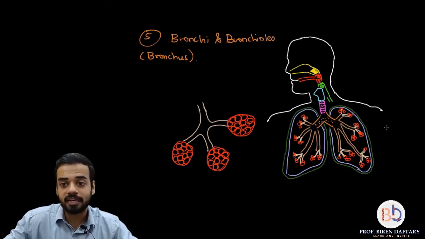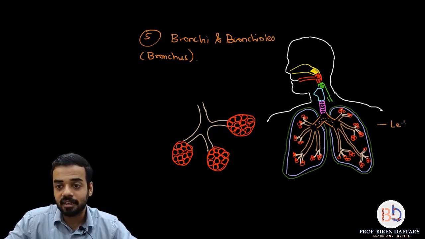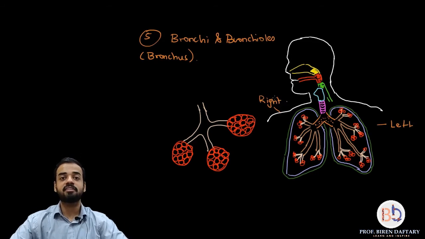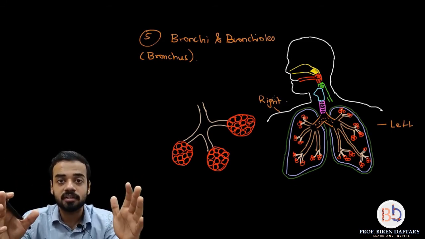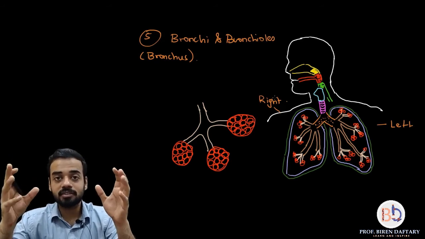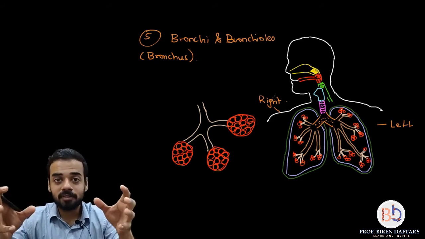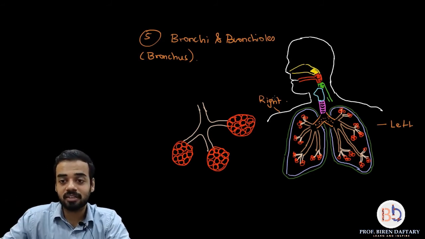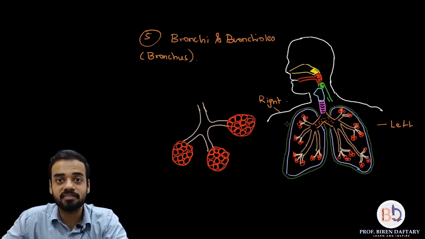Please remember that this side is the left side, this side is the right side, because the directions are given according to the organs present in that person. So this is left, this is right. Please remember that, not that this is left and this is right.